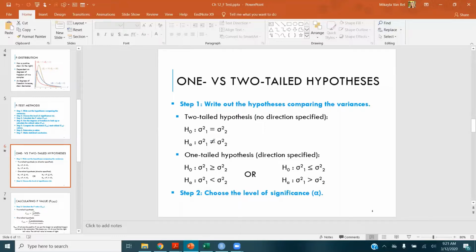For a one-tailed hypothesis, left or right, we have the exact same types of null and alternative hypotheses, but now we are comparing variances. If you have questions on how to write these hypotheses, please review the one sample t-test video. Step 2, level of significance, almost always 0.05, and it will be given.